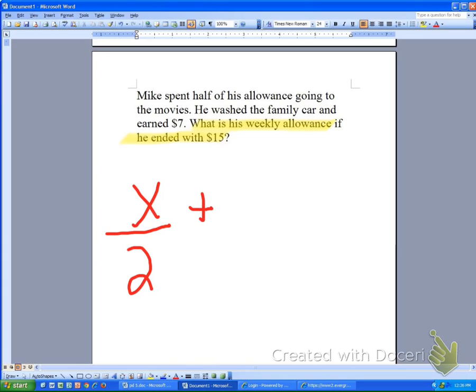And then he earned $7 by washing his family's car, and he ended with 15. This is the equation you should solve. Don't look at the actual work that I did until you've actually solved this equation on your own, and then you can restart the video and check your work.